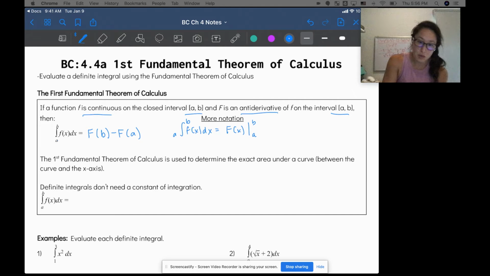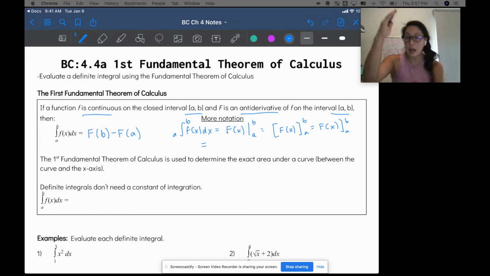Another way to write this is F of x evaluated from a to b. When we do that, we just plug the upper bound and the lower bound into our antiderivative. So F of b minus F of a.